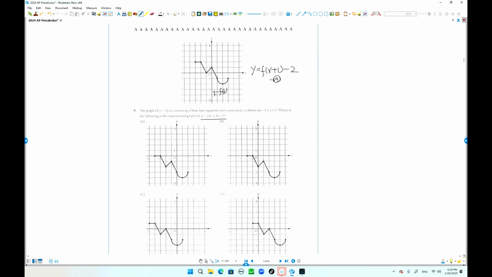That is a move to the left, so left 1 unit. Minus 2, that is going down. Shift down 2, right? So 1 left, 2 down is what? This point over here. Which one? Only this one, right? Not the other one. This is totally different. Option A is the answer.